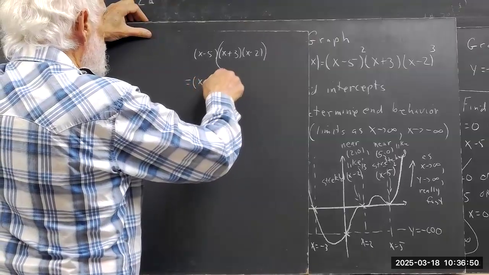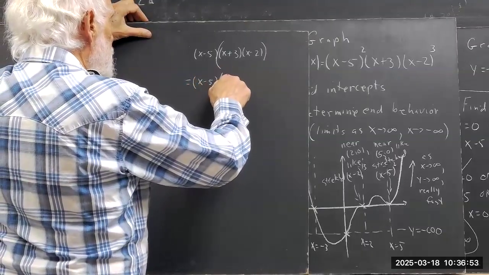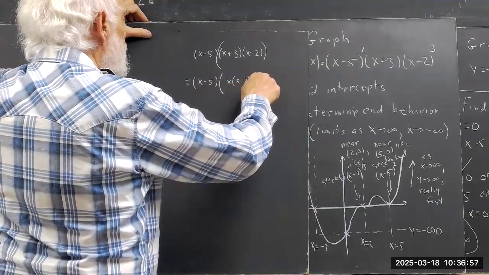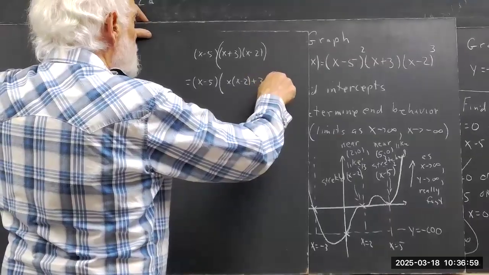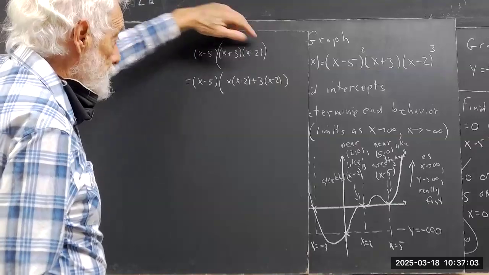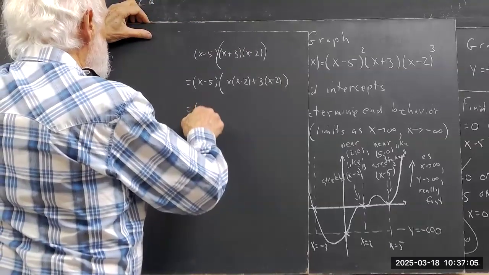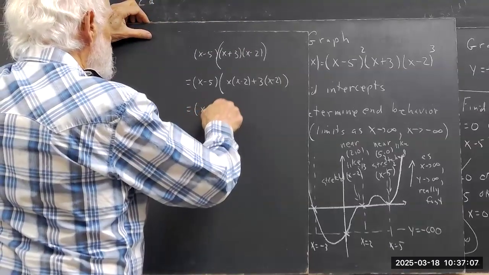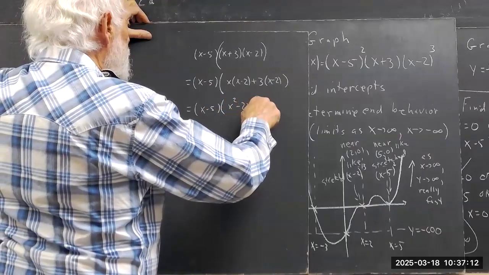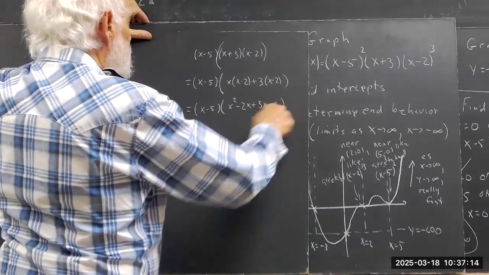That's x minus 5. Then I multiply this by what? X times x minus 2 plus 3 times x minus 2. This times this plus this times this. And that's x minus 5 times x squared minus 2x plus 3x minus 6.